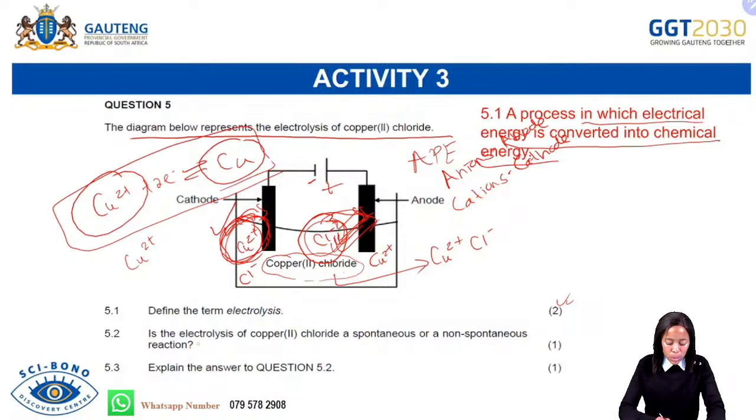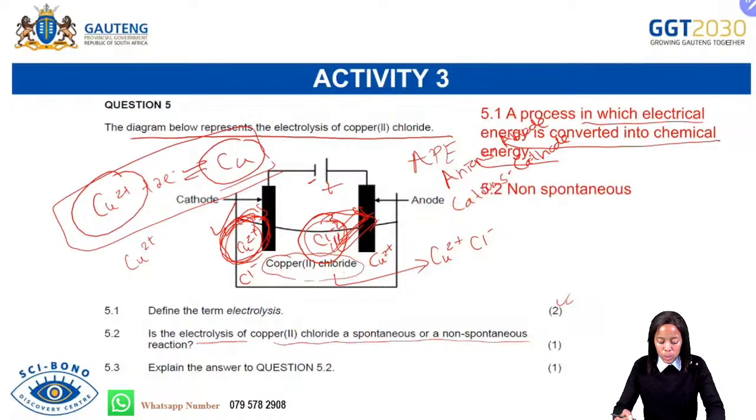Then 5.2, it says, is the electrolysis of copper(II) chloride a spontaneous or a non-spontaneous reaction? So remember we said that when it comes to a galvanic cell, it's a spontaneous reaction. So therefore, when it comes to an electrolytic cell, it will be a non-spontaneous reaction. So what will be our reason?